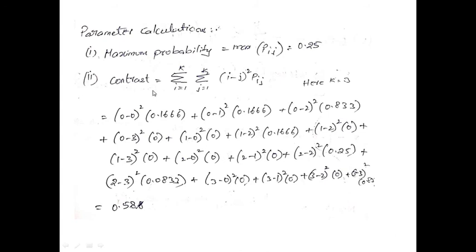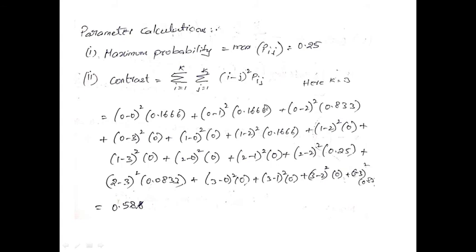And what is this contrast? The contrast is given by the summation of (i minus j) whole square into Pij. This Pij is the normalized GLCM value for a particular i and j element.